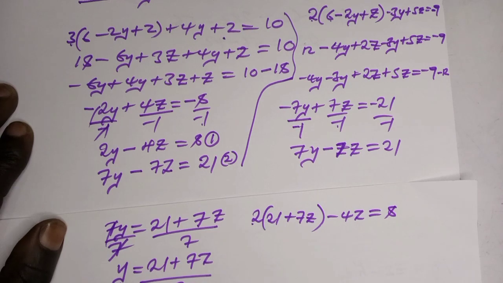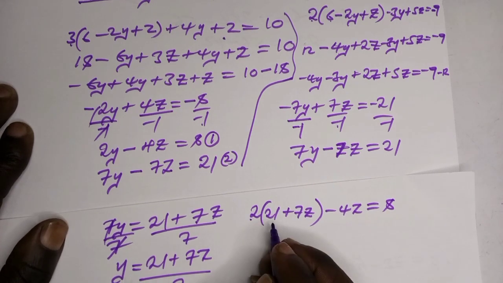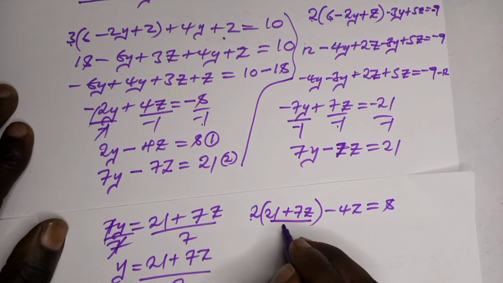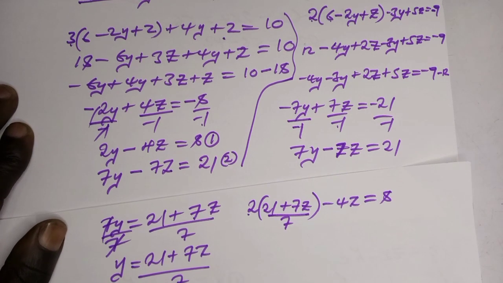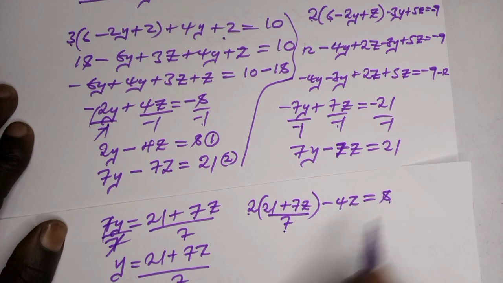The most important thing when you have a fraction like this is to multiply through by 7.